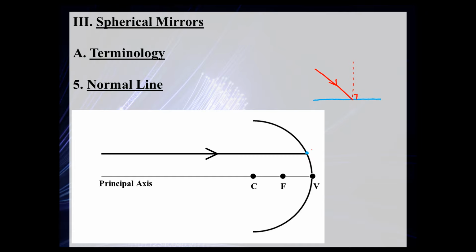But I've got a problem here in that I have a curved surface. So the question would be, is there anything we could do to model a flat surface at this point here? And the answer is, well, we could draw a tangent line to represent the slope at that point. This is really hard to draw, but I'll attempt to draw a tangent line here. Again, a tangent line just represents the slope.